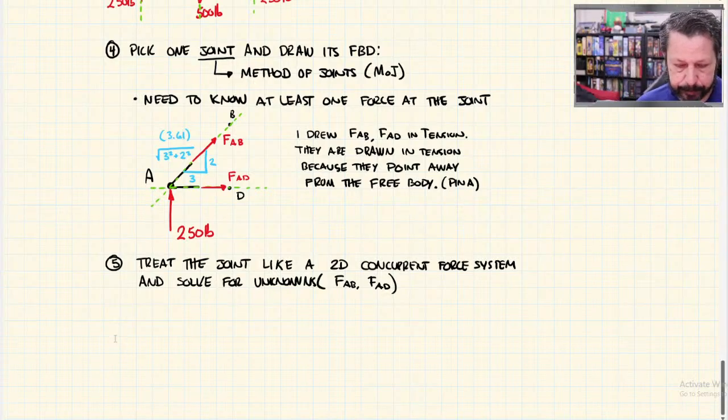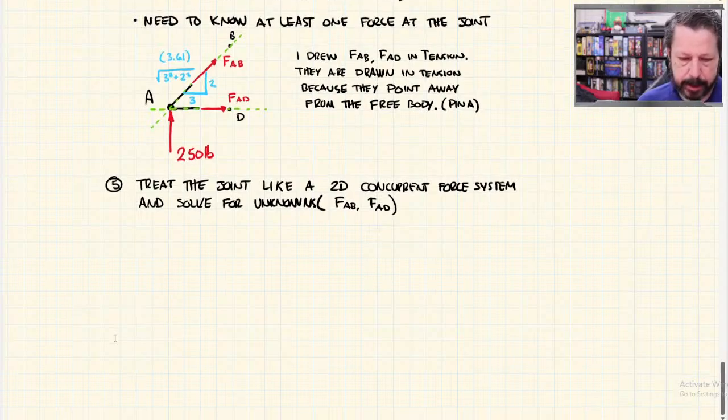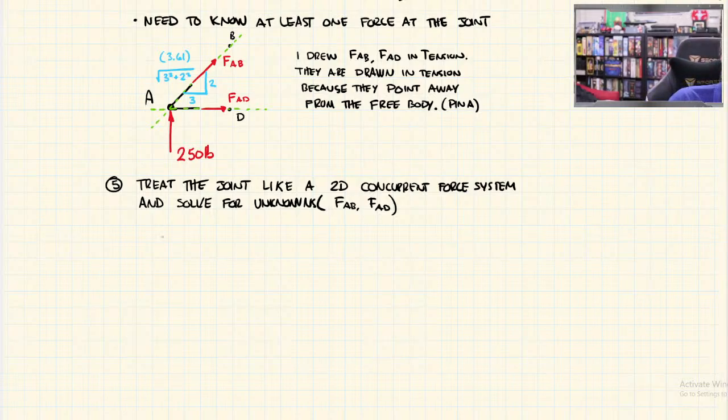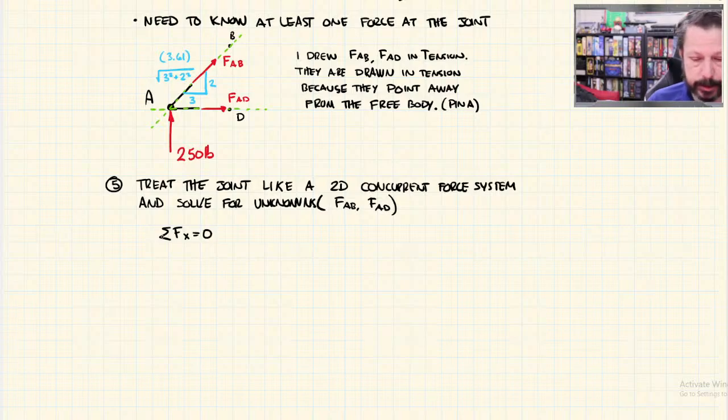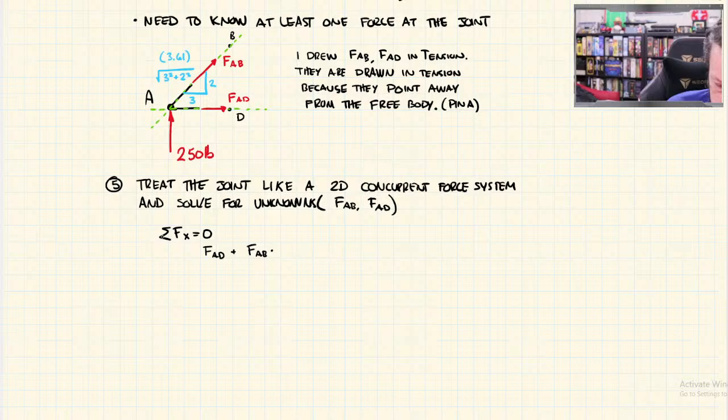All right. So we've got our little free body diagram, and this is a 2D concurrent force system. So now I've got summation of forces in x equals 0, which would say FAD, the way I've got it set up, plus FAB, but I only want the x component of AB, which would be 3 over 3.61, or you could do the cosine of whatever that angle is.